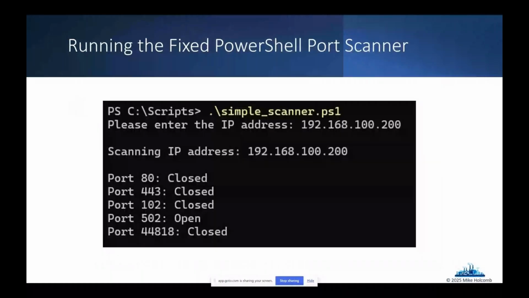Here's the new script. I ran it, and boom, now I have a PowerShell script that does the same thing as the scanner in Python, but I can run it on Windows without having to install Python. Here you can see the output looks a little different, but it's the same result. Modbus is open: TCP 502 is open on that PLC IP address.